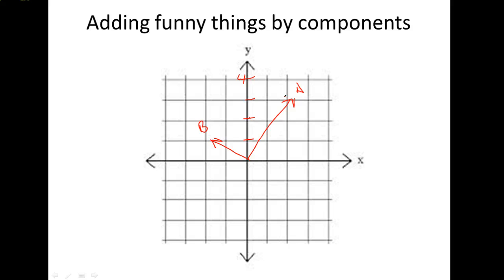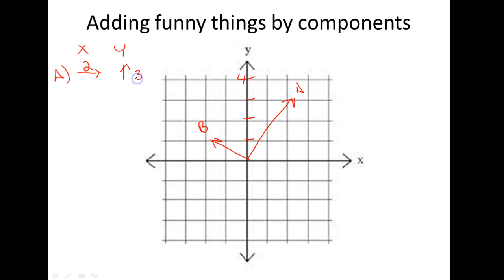When I look at A, I'll have the x component and the y component of each. A has an x component of 2 to the right, and it has a y component of 3 in the upward direction.